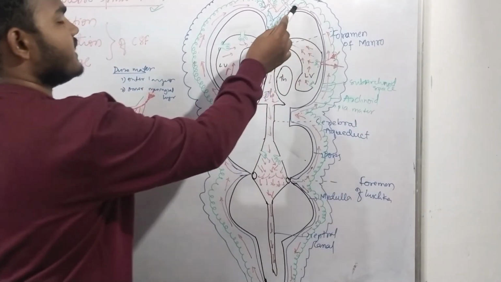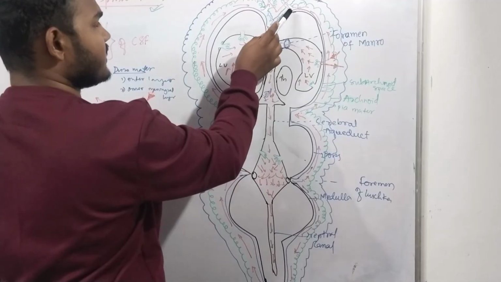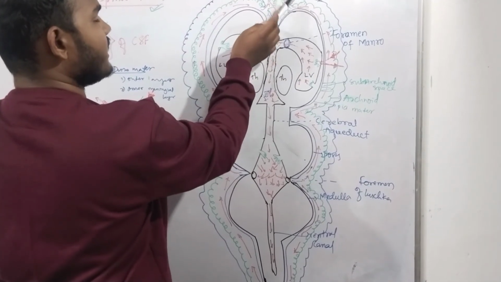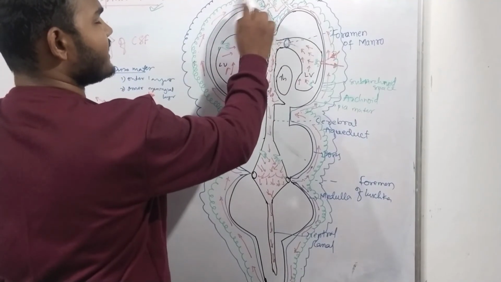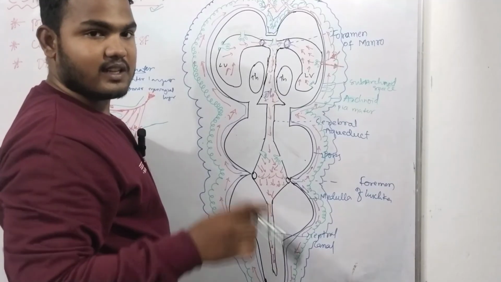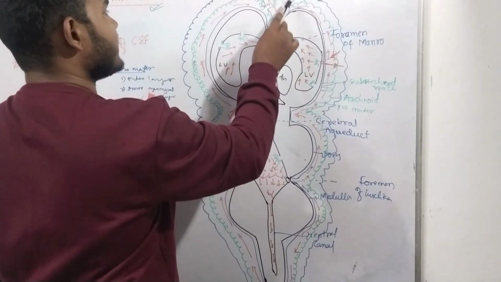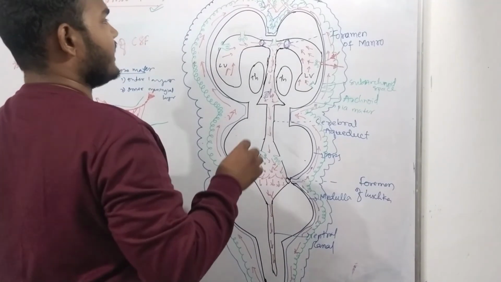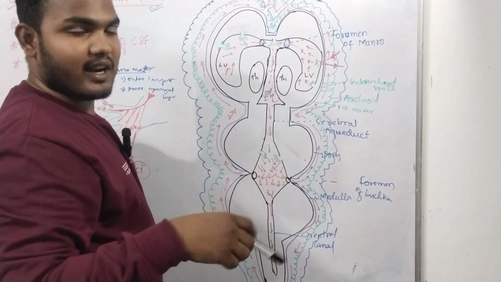The arachnoid layer has projections into the superior sagittal sinus, and the CSF is drained into the sinus, which is ultimately the drainage of CSF.